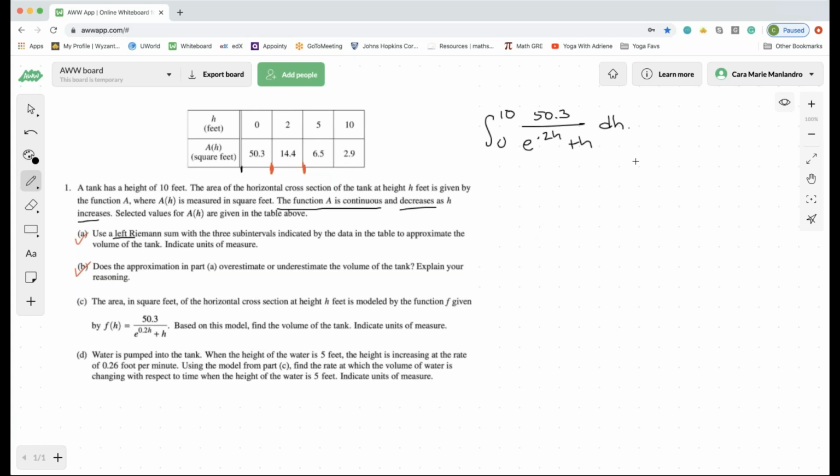And then what you have to do is put this function into your y equals. So if you hit the topmost button that says y equals, put in that function 50.3 divided by e. I'm assuming everybody has the correct calculator. Yes?